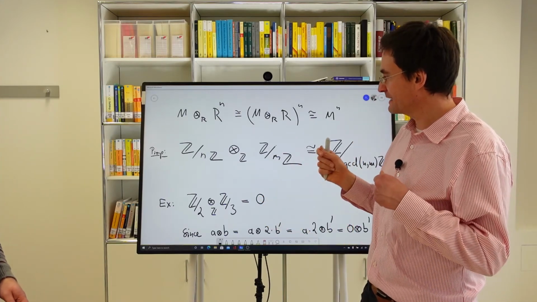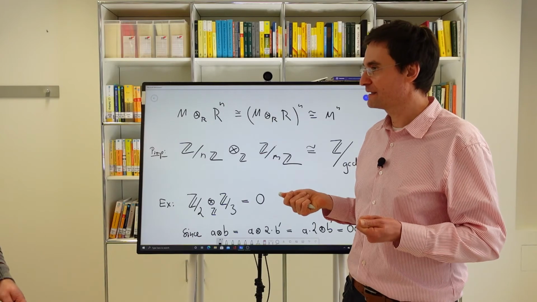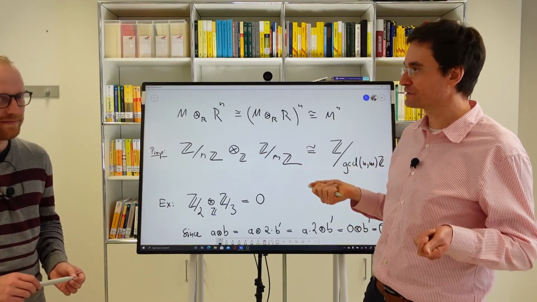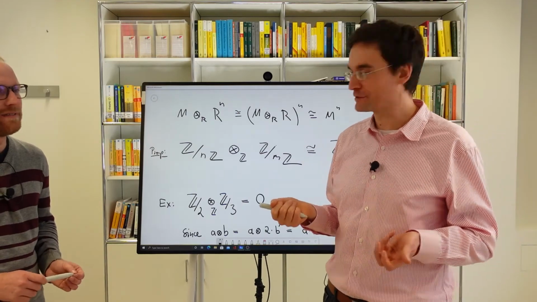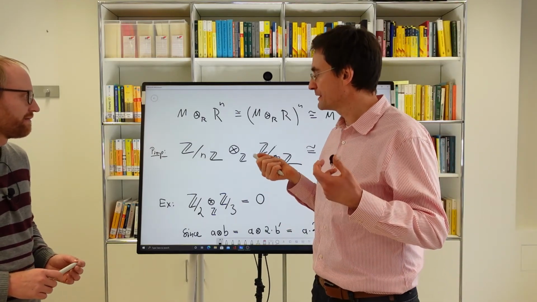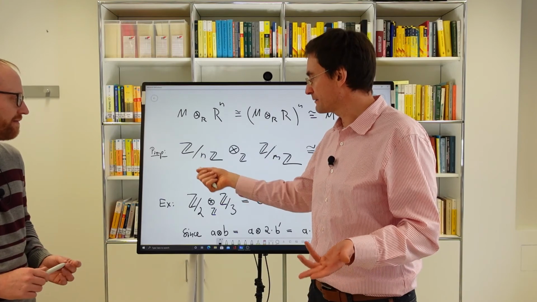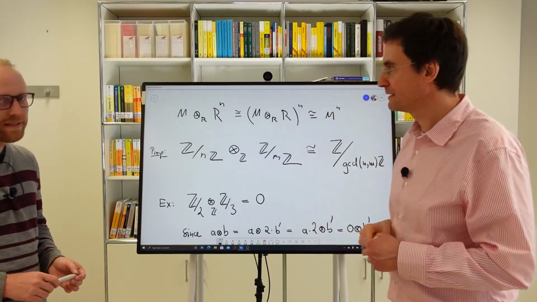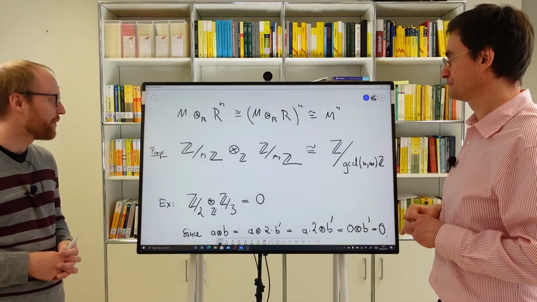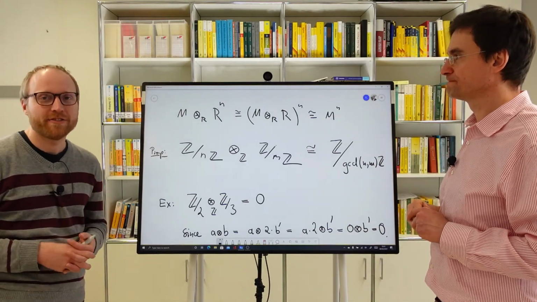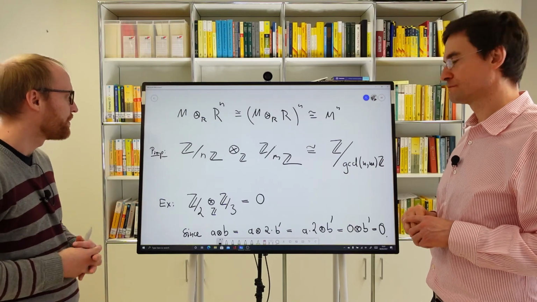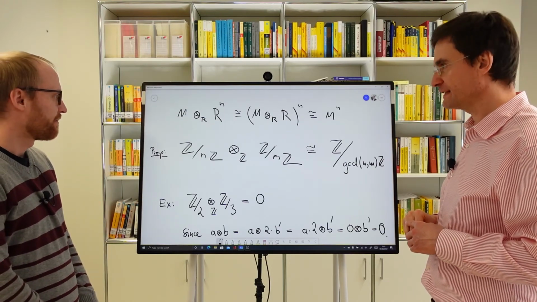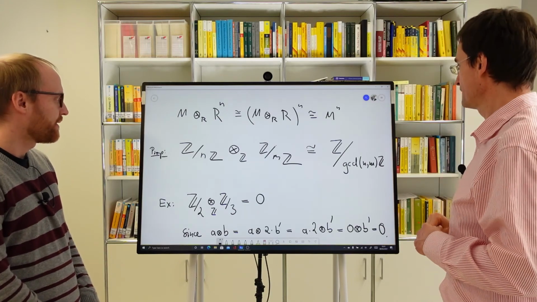So basically we can compute tensor products of two arbitrary finitely generated Z modules, because every finitely generated Z module is a direct sum of copies of Z with modules of this form. And finitely generated Z modules are exactly the same thing as finitely generated abelian groups. So really we can compute tensor products of finitely generated abelian groups now.